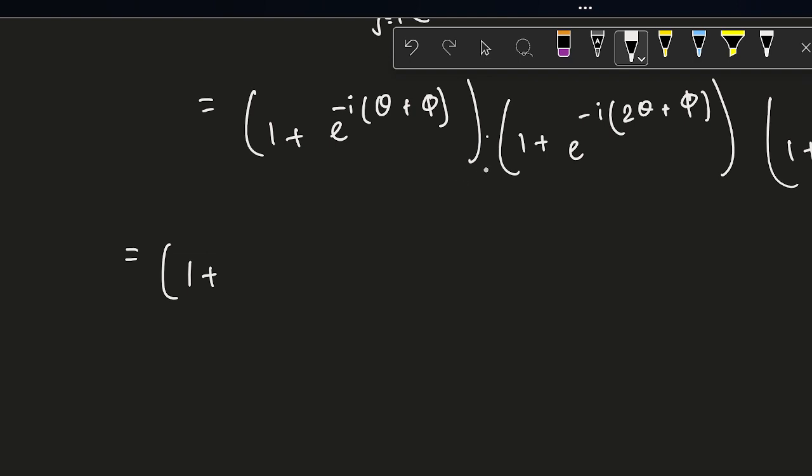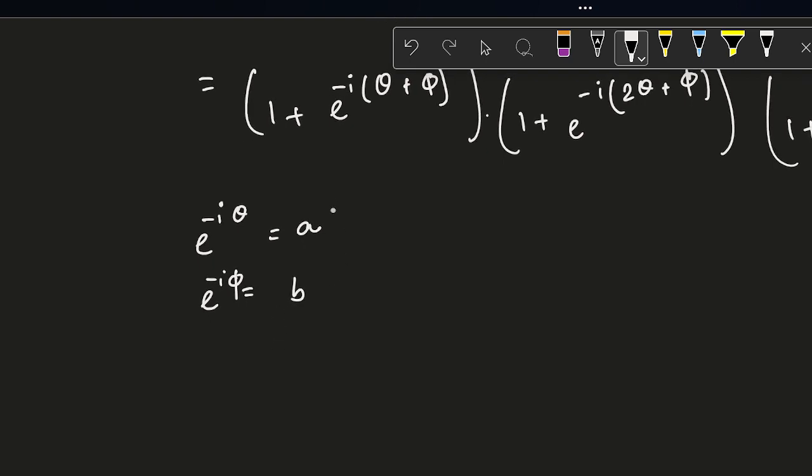Okay, so that our calculation gets a bit less complicated in terms of signs and symbols, we denote e to the power of minus i theta by a variable a, and e to the power of minus i phi by a variable b.